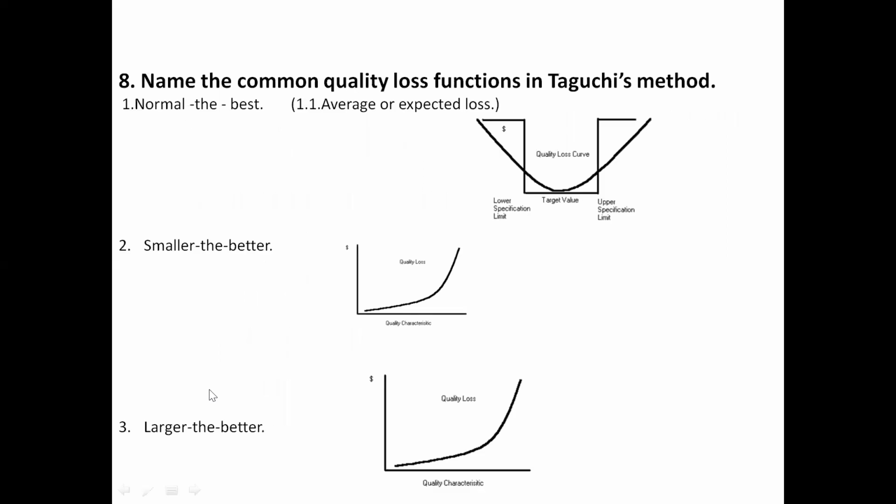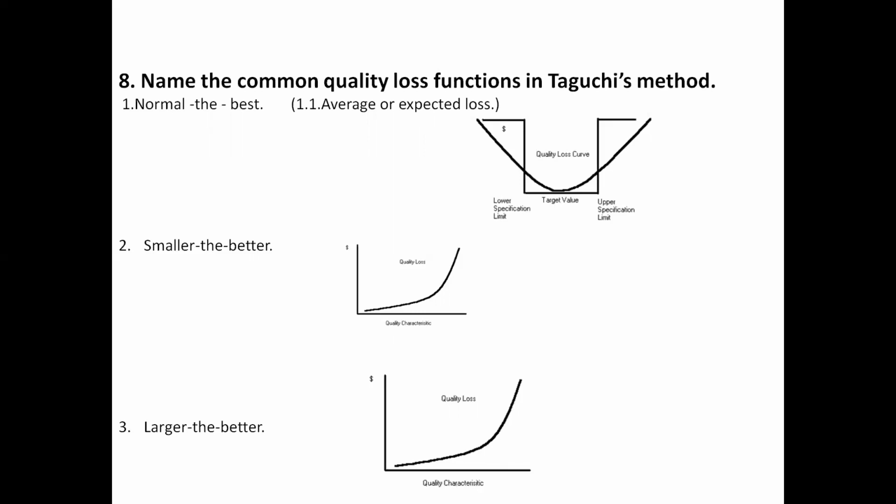Then: name the common quality loss functions in the Taguchi method. This comes under the 4th unit, Taguchi quality loss. Under that, 3 categories are there. Normal the best, using the sine curve: going away from the center is loss for the customer. Second, smaller the better: the quantity, the side effects will be very small, for example the microwave oven, the nuclear reactor, and the exhaust from the bike.